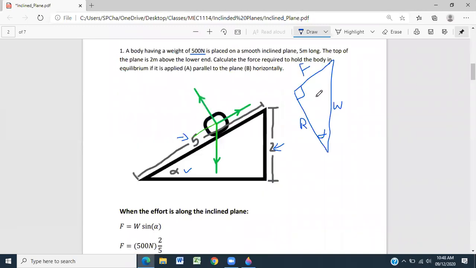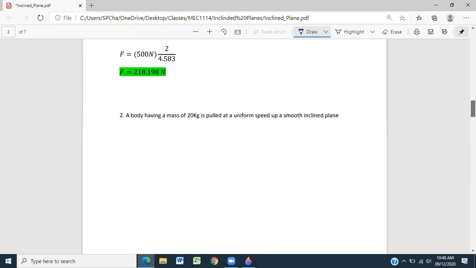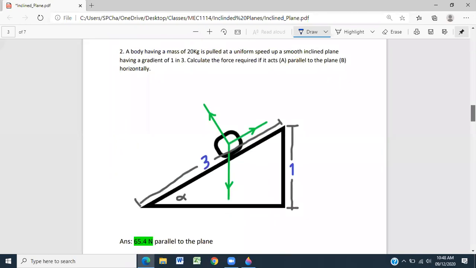We did number 1 already. Let's move on to number 2. A body having a mass of 20 kgs is pulled at a uniform speed up a smooth inclined plane having a gradient of 1 in 3.